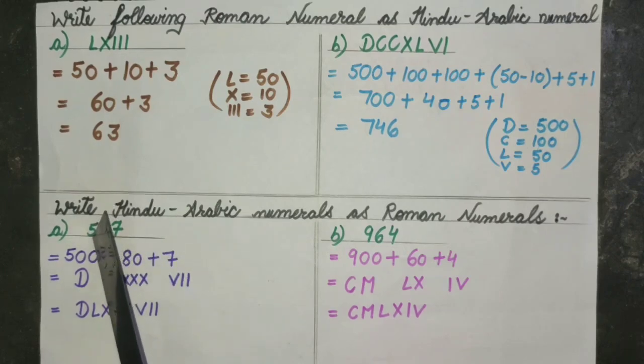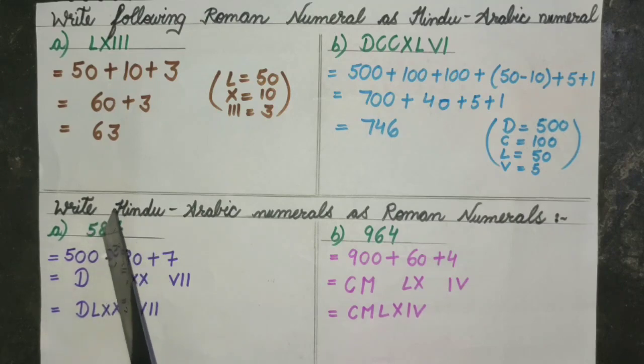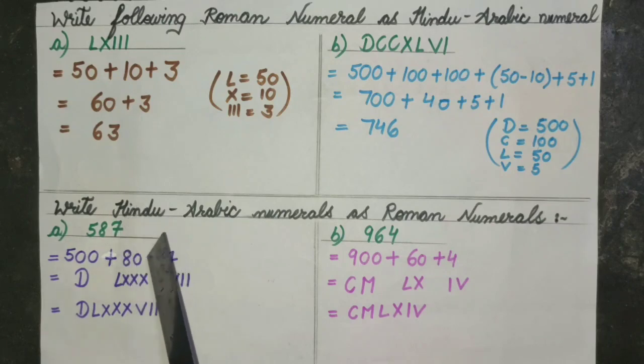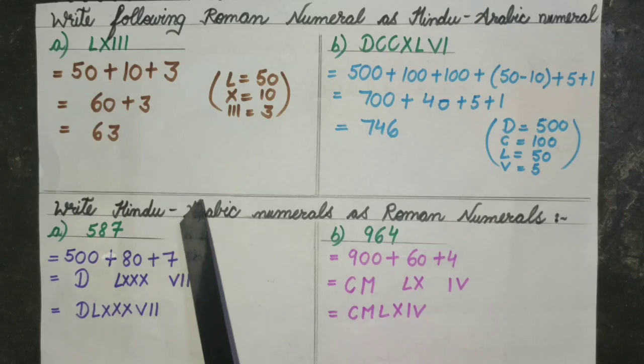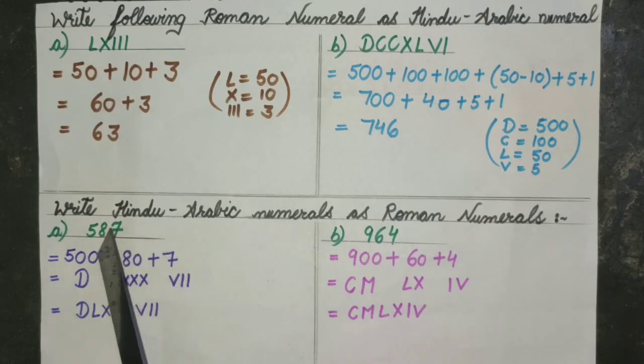Clear? 5 will be written as 500 because after 5 2 digits are there. In expanded form we are using plus sign. 8, after 8 1 digit is there, so only 1 zero will be there, and 7, after 7 no digit is there, so 7 will be written as it is. Clear? Yes, I have told you in the beginning of the video 500 is written as D.